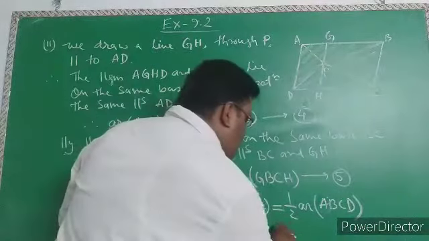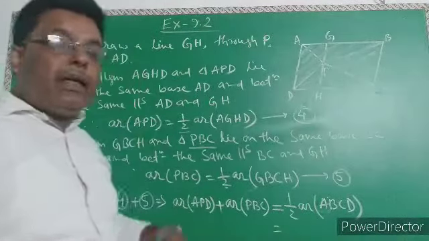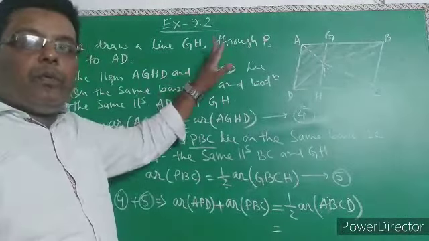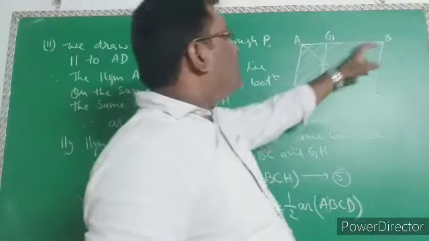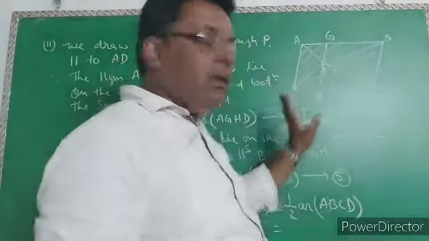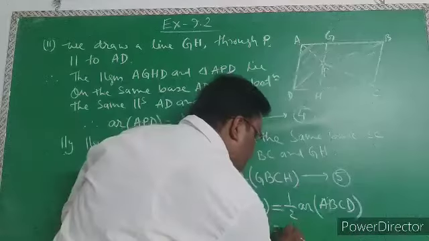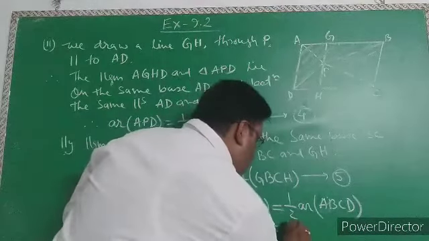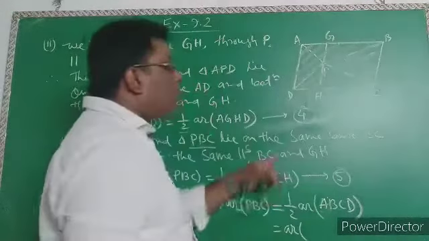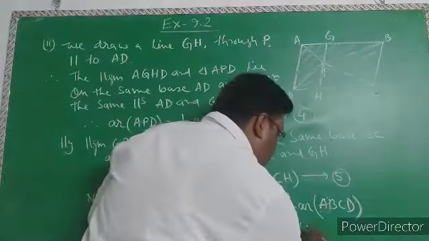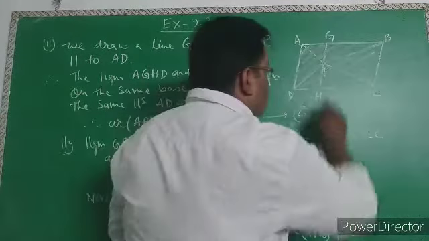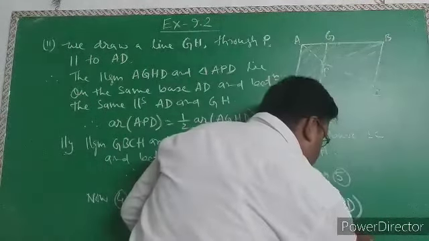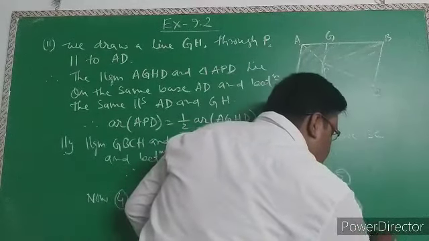Now in equation number 3, that is in the proof of 1, we get that half of area of ABCD means area of APB plus area of PCD.